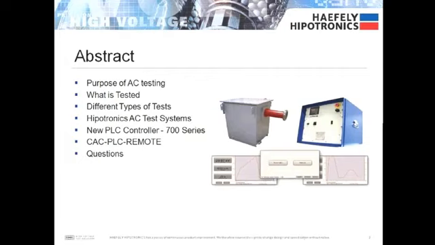The Hypertronix AC test systems, we offer a wide variety of products for different current and voltage ratings depending on what the test object is. Then we'll move on to the new PLC controller, which is the real focus of this presentation, as well as the CAC PLC remote and the different advantages that can offer.